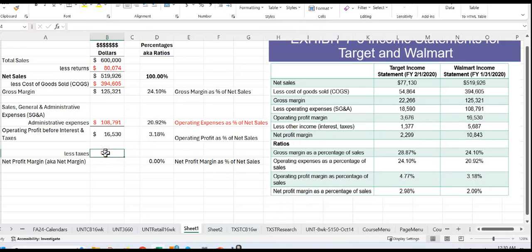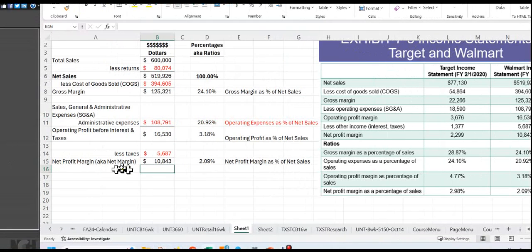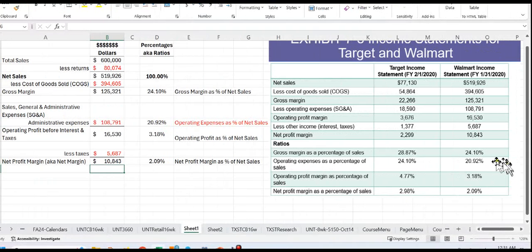I've labeled these more clearly than the book, and that's a given number, $5,687. It's red because it's out of our pocket. And then I just need to tell Excel where to look for stuff. Equal B12 minus B14, enter. And I get $10,843 as our net profit margin, aka net margin.